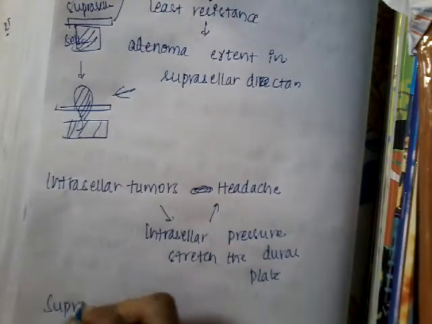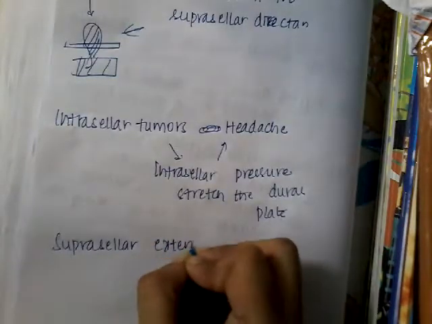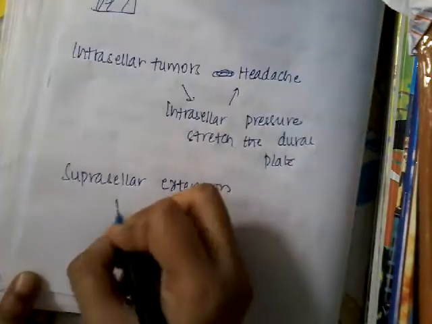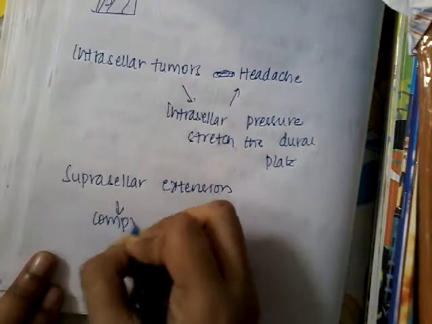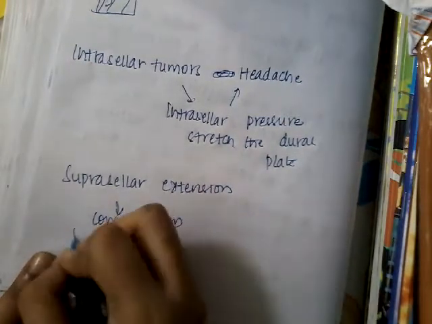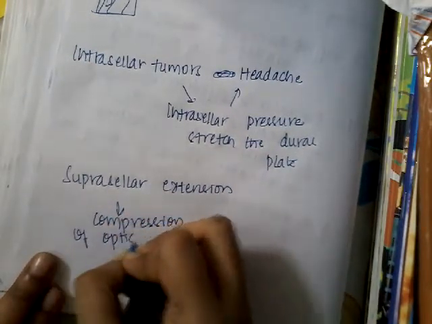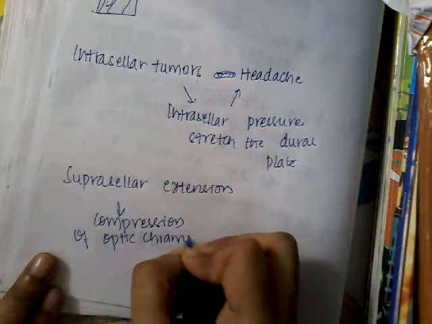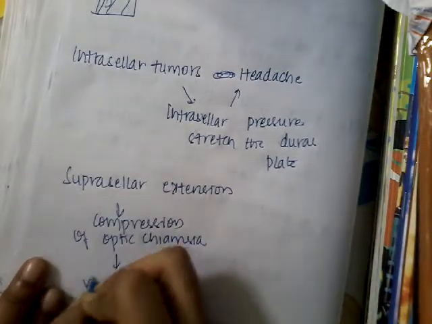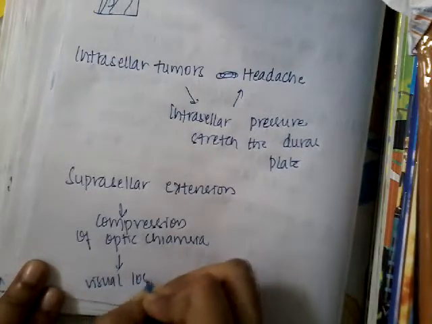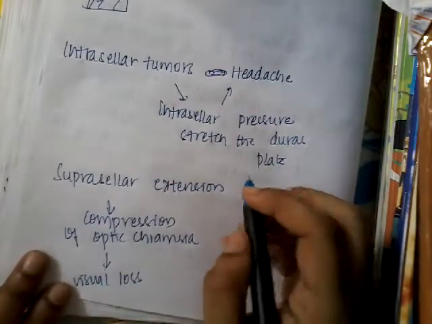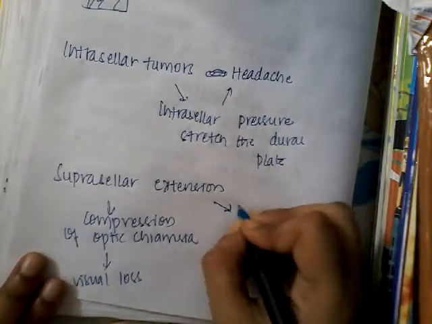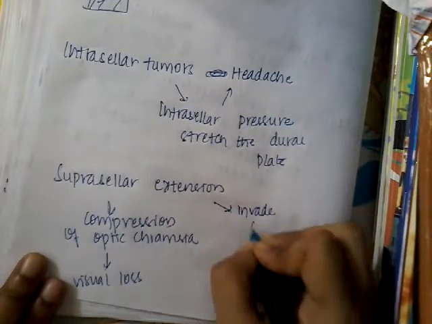Whenever there is suprasellar extension, number one, it causes compression of the optic chiasma. Whenever there is compression of the optic chiasma, it leads to visual loss, and then it will invade the optic nerves directly.